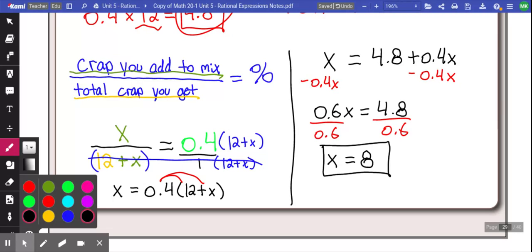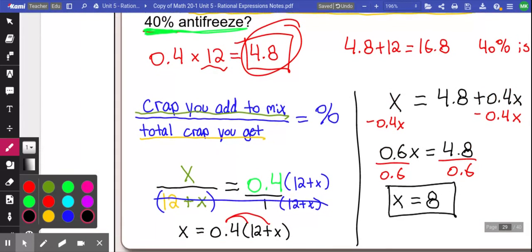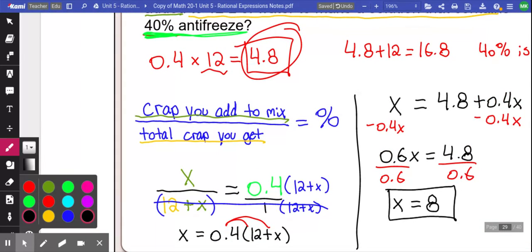Crap you add, crap you got. The actual science, oh yeah, we take science. That's not the term. My science teacher says you don't use the phrase crap you add. Yeah, whatever.